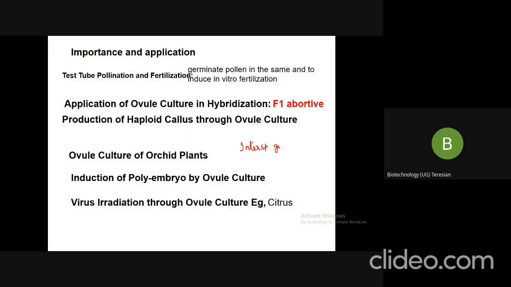What happens whenever a cross is made between one interspecies and another, or between two intergeneric plants? You get a progeny, which you call an F1 hybrid.